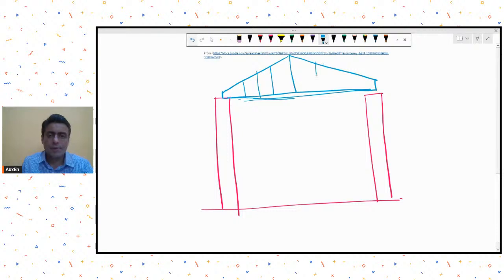Why so? Because that is how the truss can be most easily analyzed and understood. That's why we assume one end to be hinged, one end to be roller. So this makes our life quite simple, and we are able to analyze it through easy hand calculations also. The structure becomes determinate and life's easy for us.